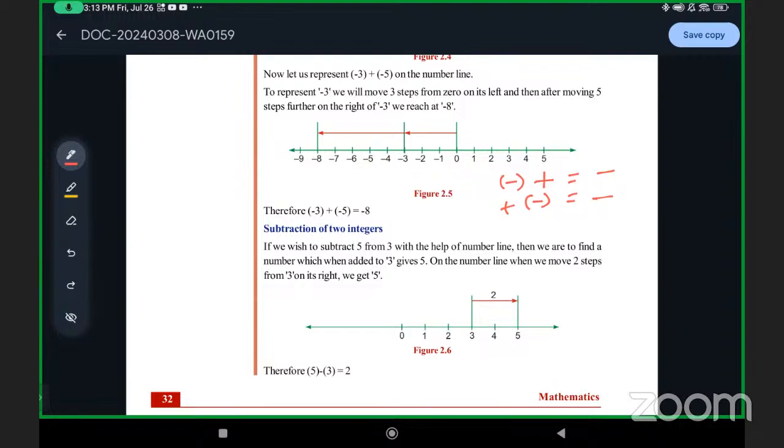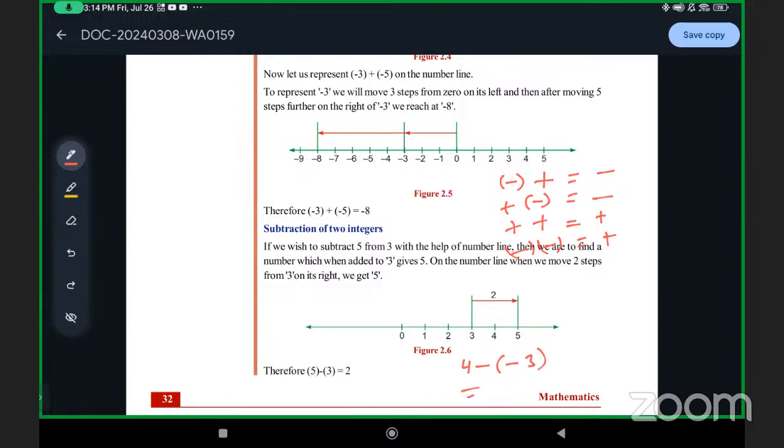Now, if I'm having plus and plus sign, if both the numbers are positive, then I'll add them. If both the numbers are negative, that is minus and minus, I will add them again. If I'm having 4 minus minus 3, I have to solve this.